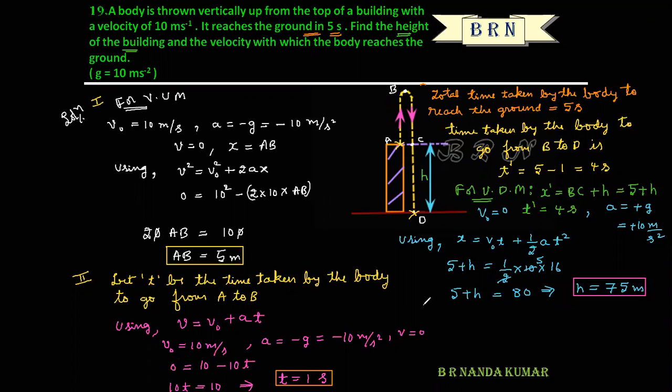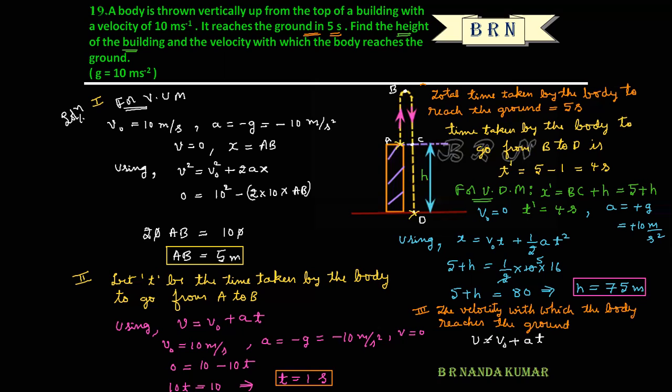Step number 3: the velocity with which the body reaches the ground. This can be calculated by using the first kinematic equation, V is equal to V naught plus AT.